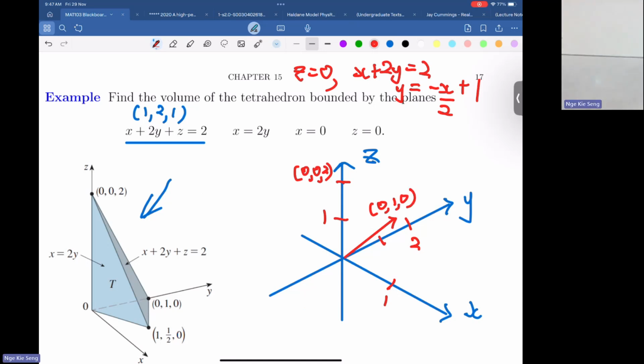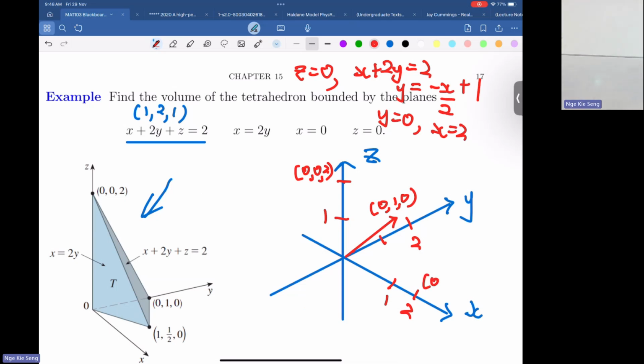On the other side, when y equals 0, x equals 2. Wait, let's check. Yes, you are right. So it's somewhere here: (2, 0, 0).